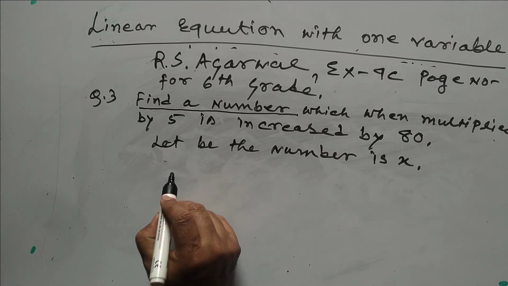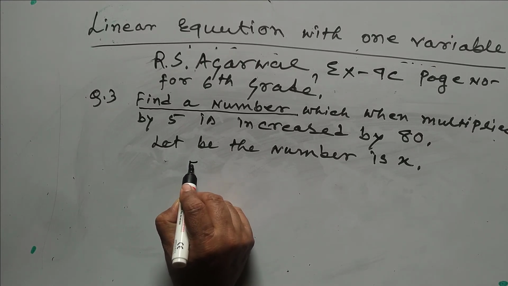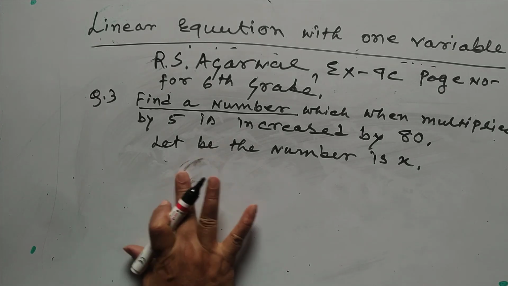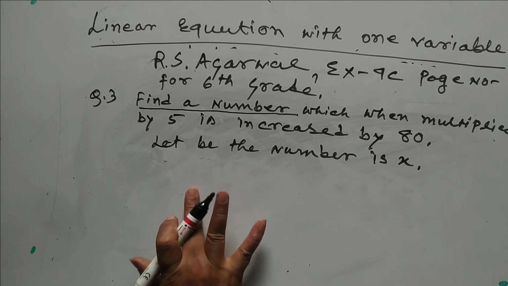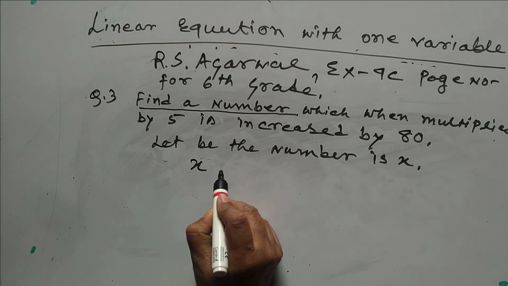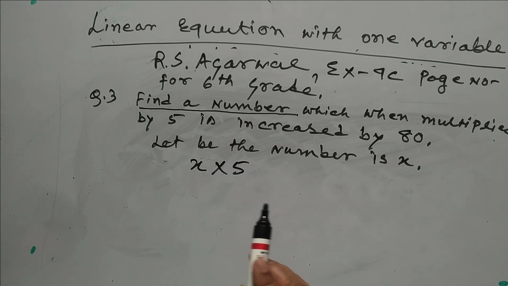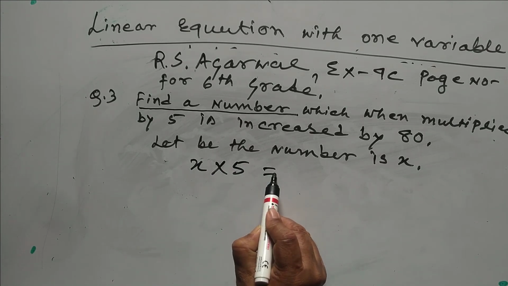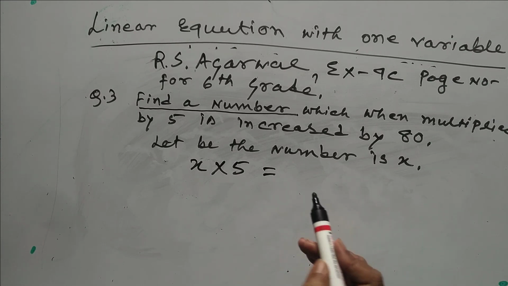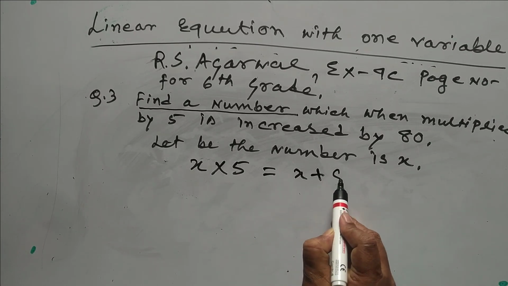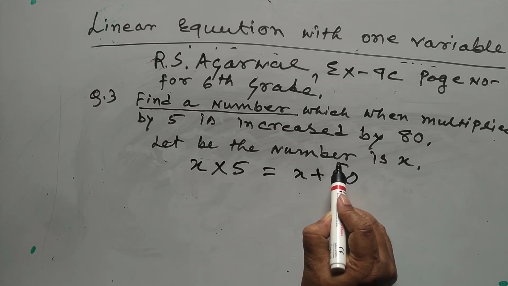So the equation will be 5x, x into 5, I am multiplying the number by 5, equals, it will be increased, so x plus 80. This is the increase.